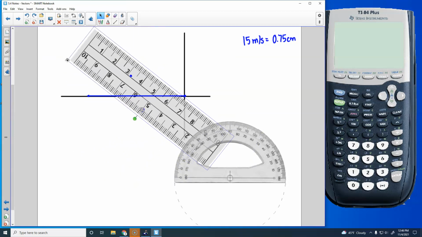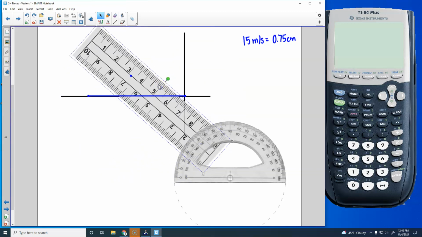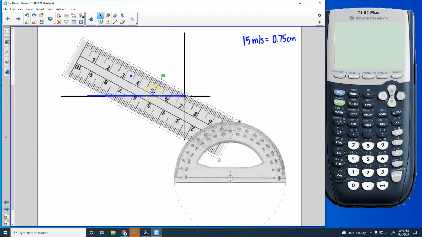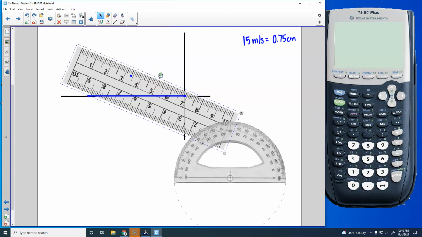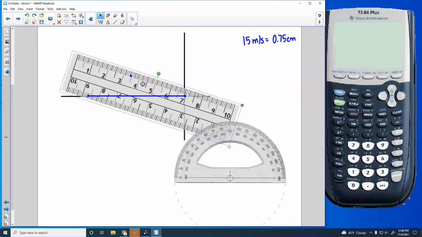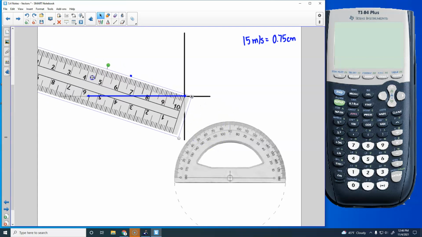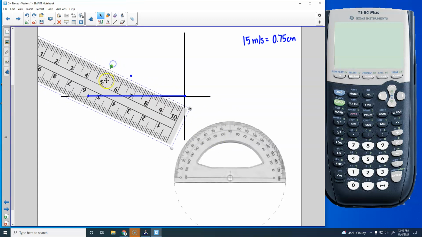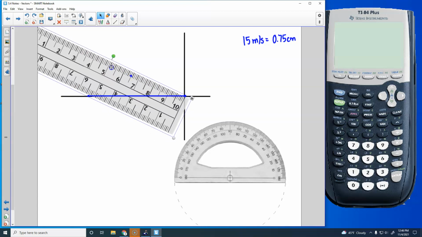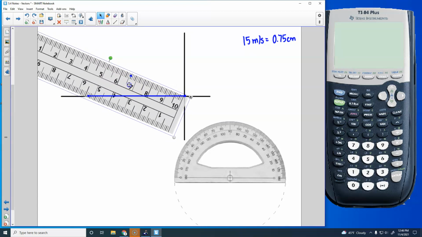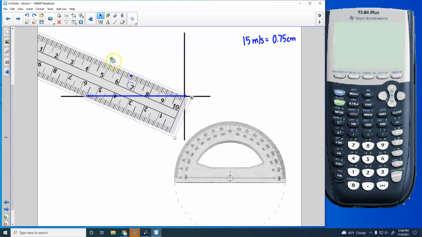No, neither one of these works that well. Let's do the best we can. It's easier when you have a real ruler. This digital ruler is not the most helpful. Still not right.